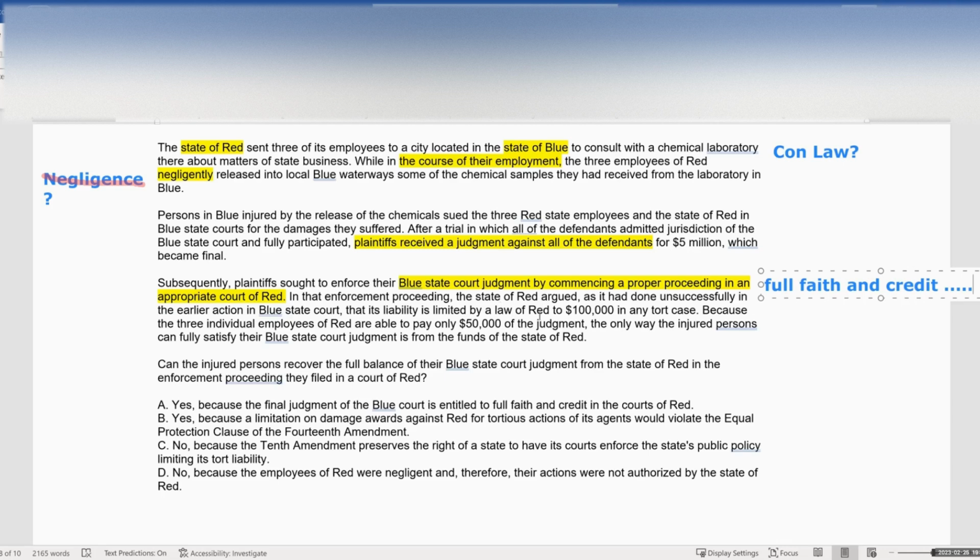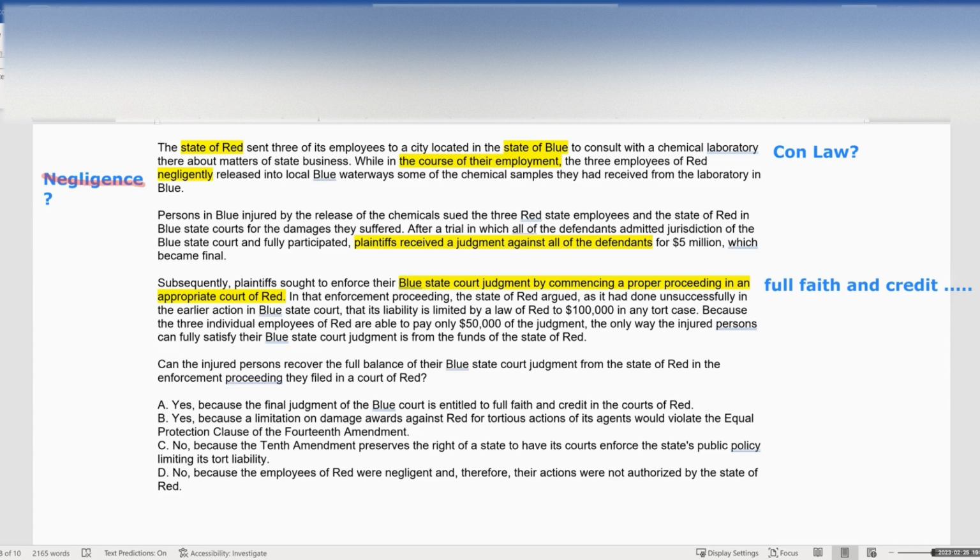At this point, I'm thinking that the injured persons, the plaintiffs, would be the winner, let's say. But let's look at the call of the question. Can the injured persons recover the full balance of their blue state judgment from the state of red in the enforcement proceeding they filed in a court of red?